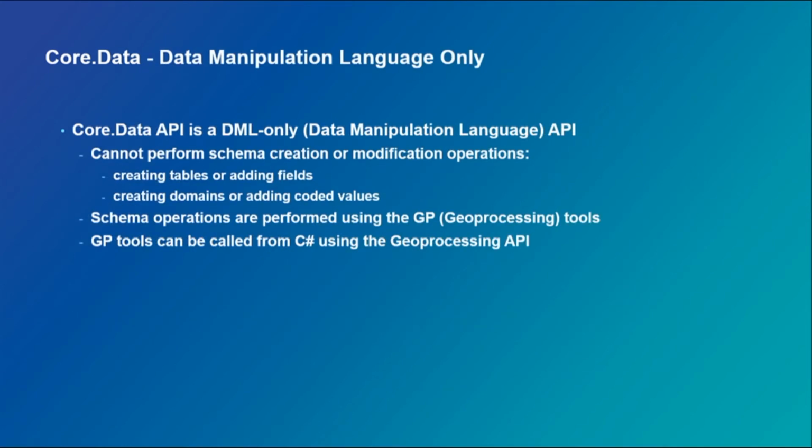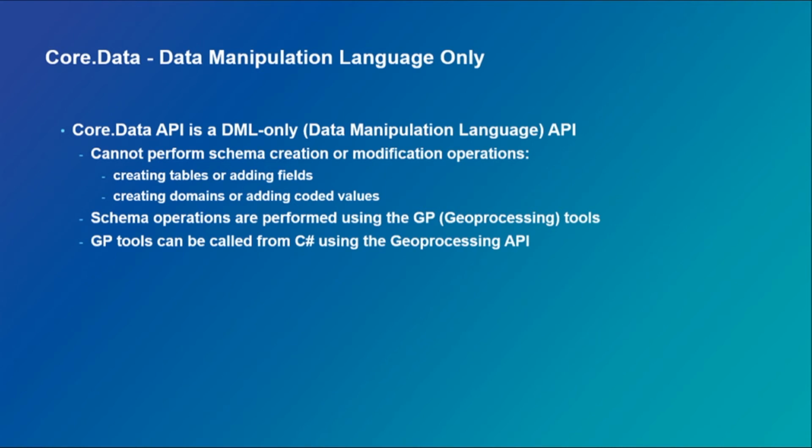So the API in ArcGIS Pro is DML only. What that means is it only does data manipulation language, only does queries. It does not do DDL, data definition language. So things like creating tables or adding fields or modifying any kind of data sets, those are not handled in the API. Instead, what you do is you use geoprocessing to do those tasks.